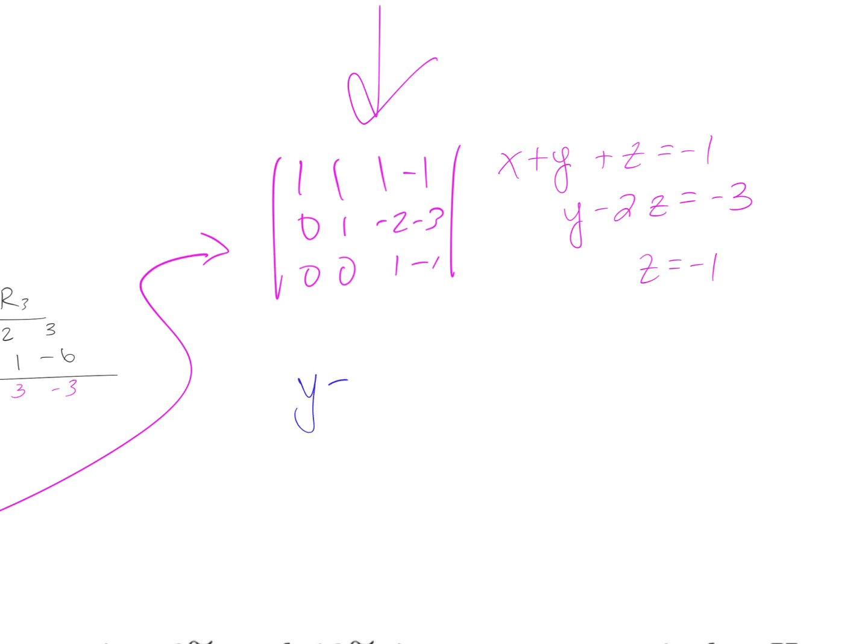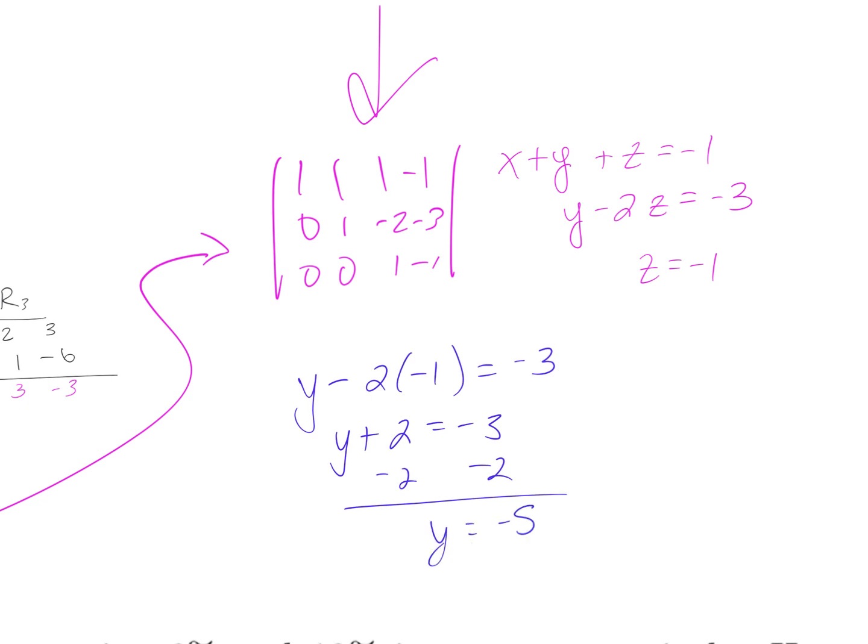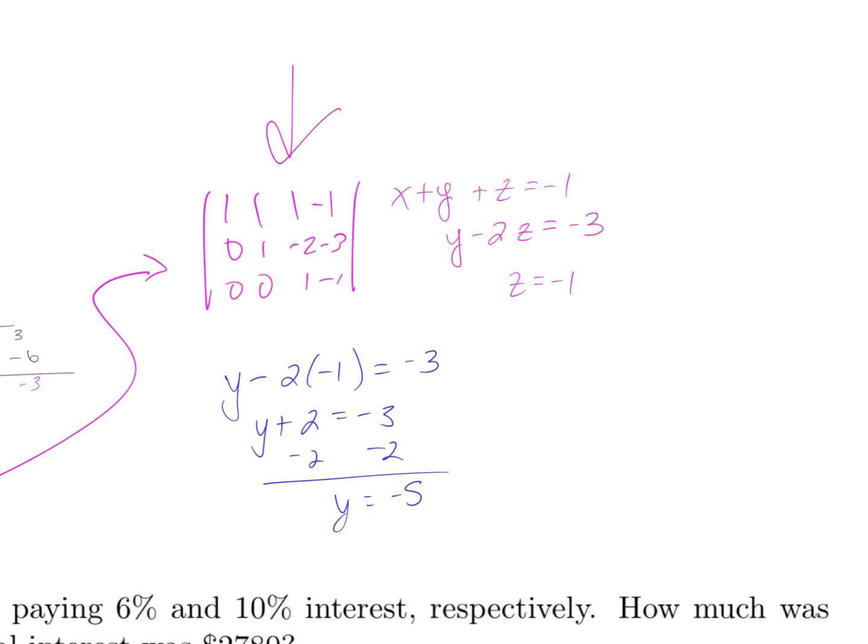So y minus 2 times negative 1 equals negative 3. Y plus 2 equals negative 3. I'm going to subtract 2 from both sides. What does y equal? Negative 5, yeah? Now I'm going to take both of those values and find out what x equals. So x plus a negative 5, right?